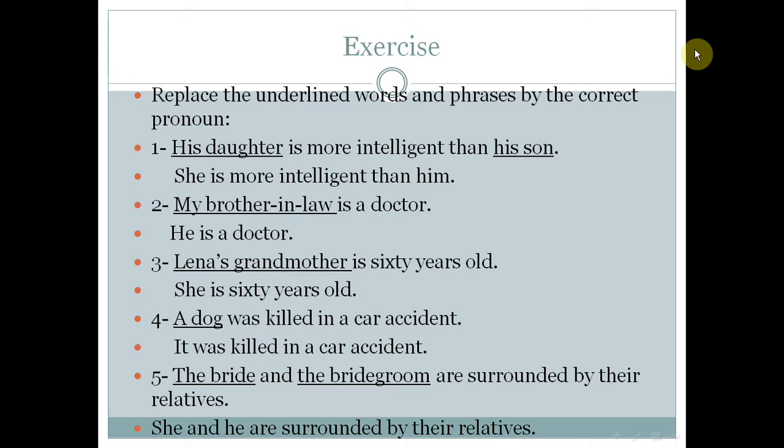The bride is a woman, so it's feminine and should be replaced with the pronoun she. The bridegroom, who is a man, should be replaced by the pronoun he. She and he are surrounded by their relatives.